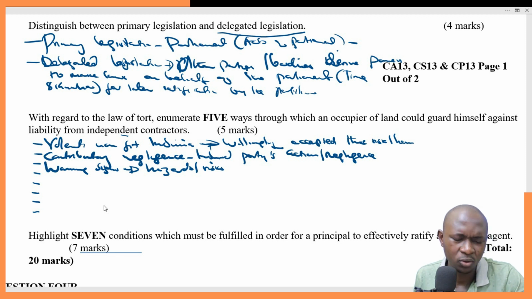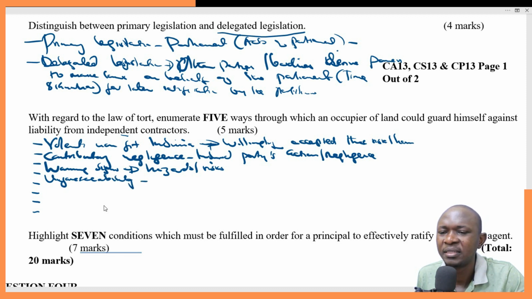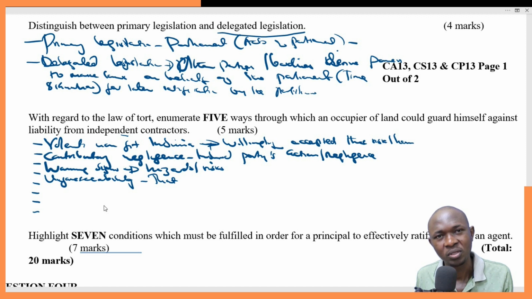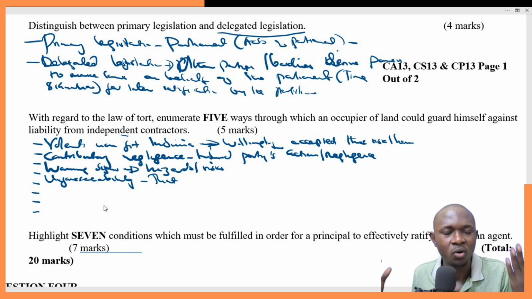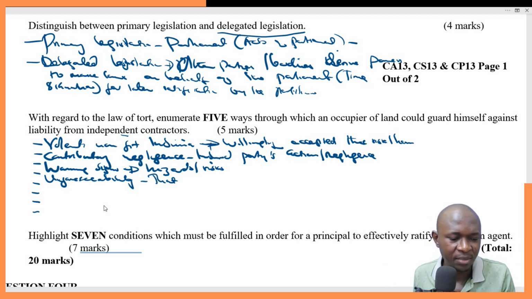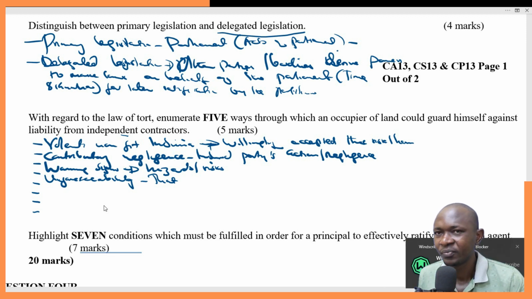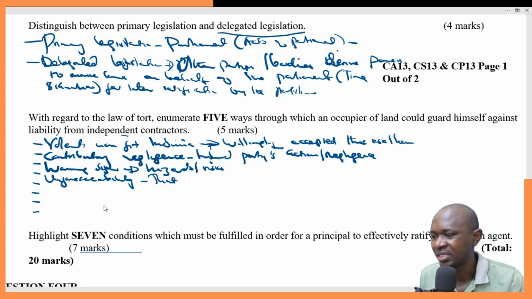You can also talk about that, and then you can also claim unforeseeability, that the danger or harm that just happened and affected the independent contractor was not foreseeable. There's no way you could have thought about that risk happening or that injury happening. It was something that was so hidden, and so you couldn't have seen it, and so you can't mitigate what you can't see.